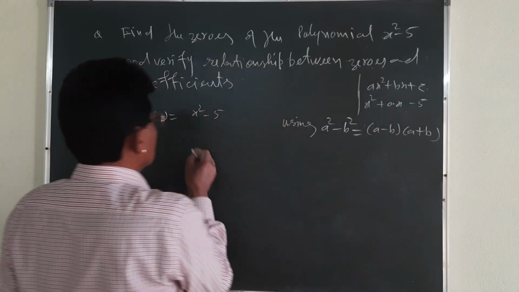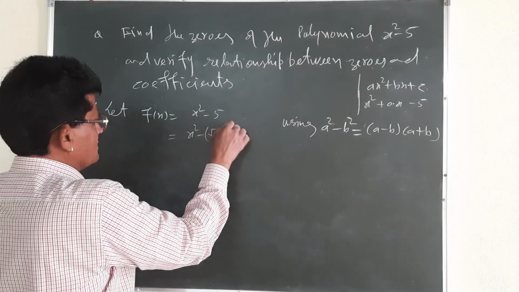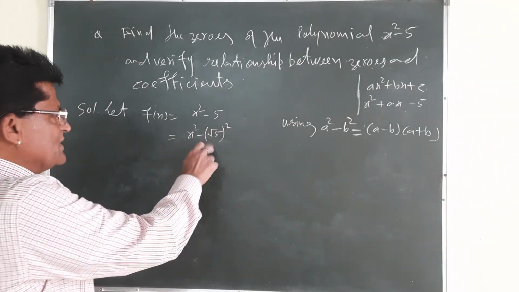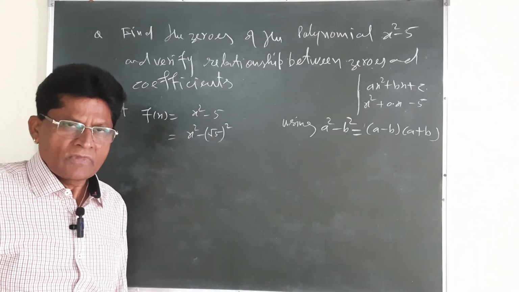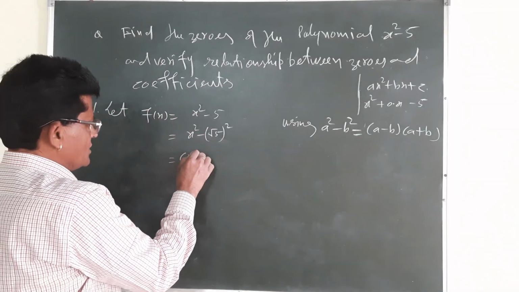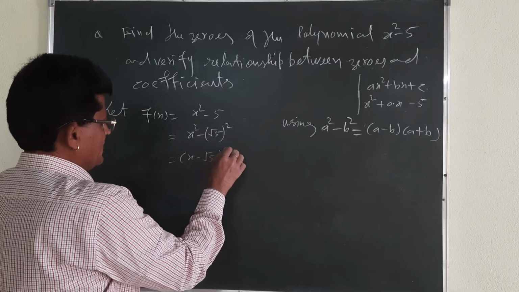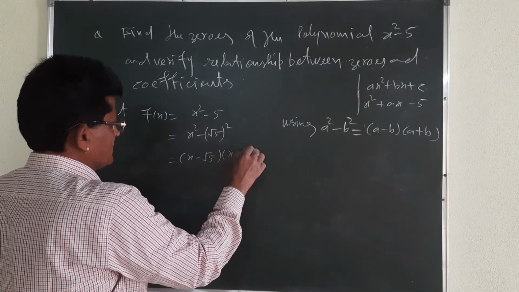Algebraic identity we will have to use. Okay, x square minus root 5 whole square. Root 5 square is 5. Because I must apply this formula. In one bracket you take negative symbol, and in another bracket you take positive symbol.